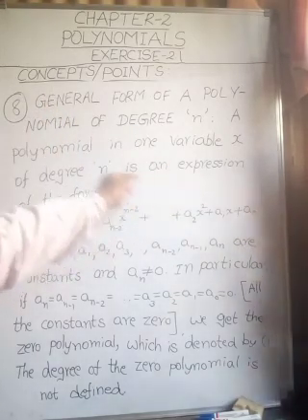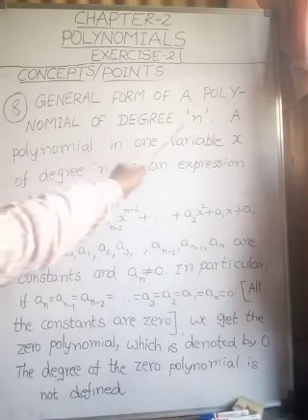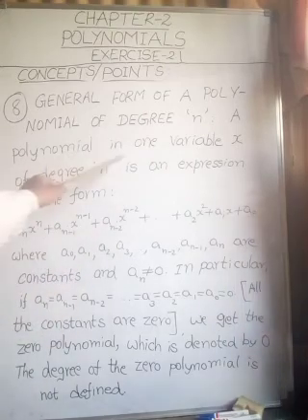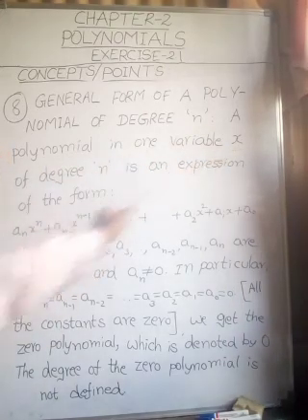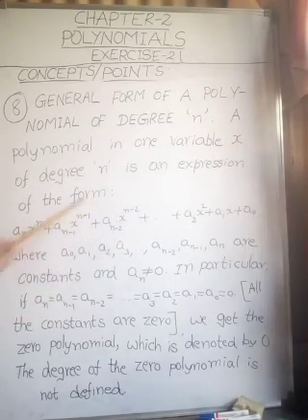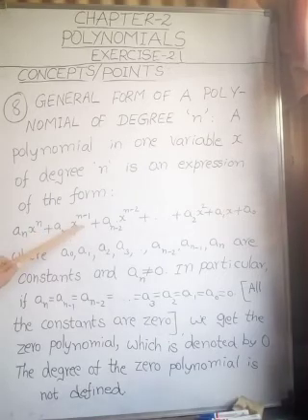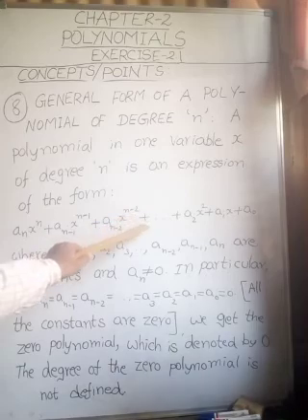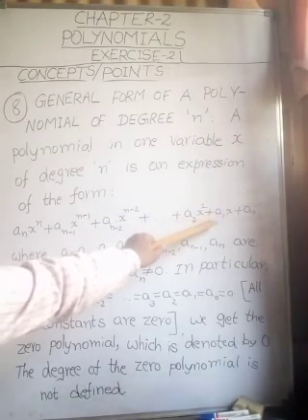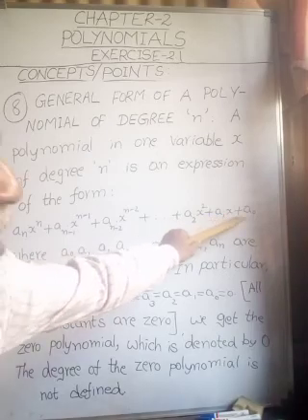General form of a polynomial of degree n. What is the general form of a polynomial of degree n? A polynomial in one variable x of degree n is an expression of the form an x power n plus an minus 1 x power n minus 1 plus an minus 2 x power n minus 2 plus and so on, a2 x square plus a1 x plus a0.